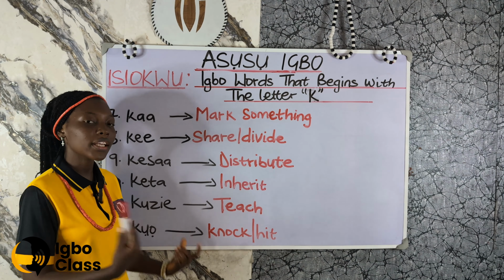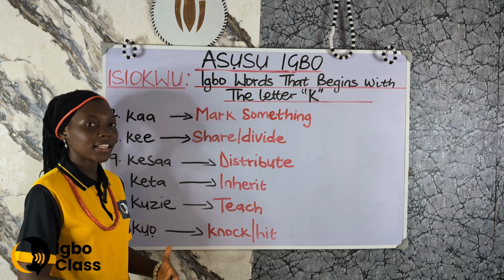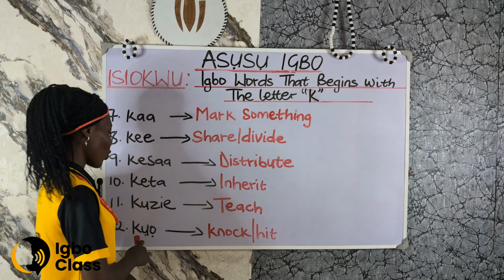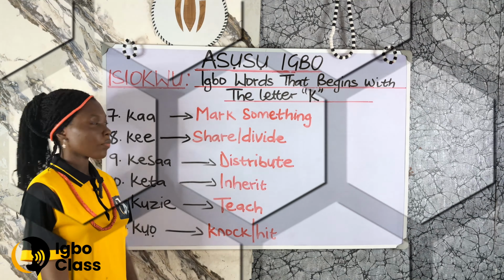Kụọ ya ihe. Hit him. Kụọ, to hit something against another, to knock. Kụọ ya ọkpọ n'isi. Give him a knock on the head. Kụọ, to knock or to hit.